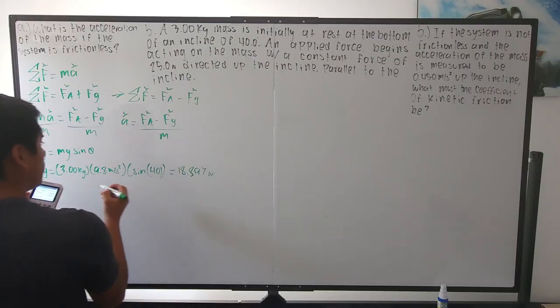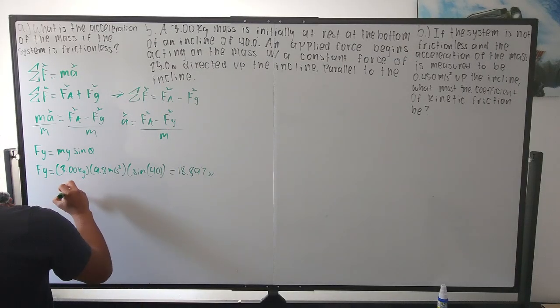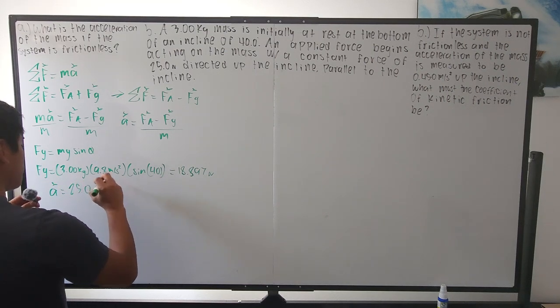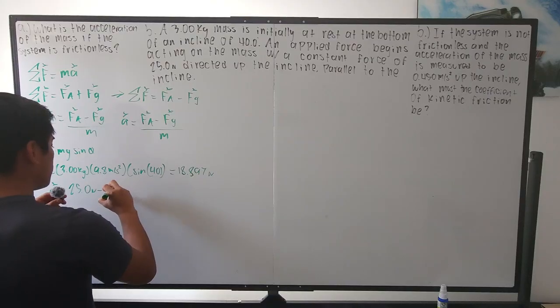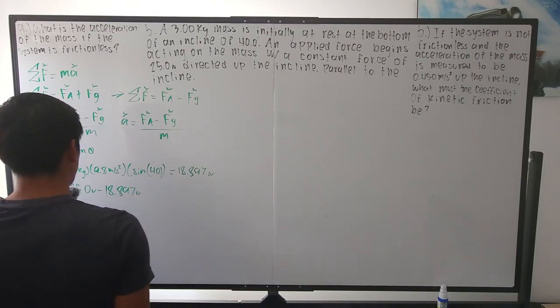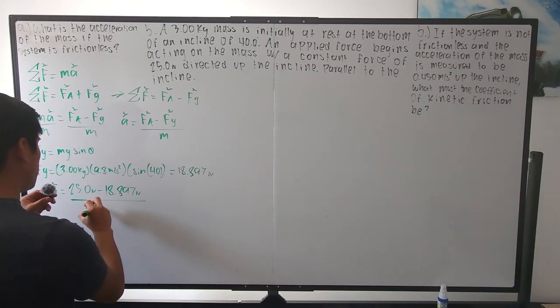Now I'm going to plug in this value here, and this value here. So then I'll get that the acceleration is equal to the 25 newtons done by the applied force minus the 18.897 newtons done by gravity, all over the mass, which is 3 kilograms.